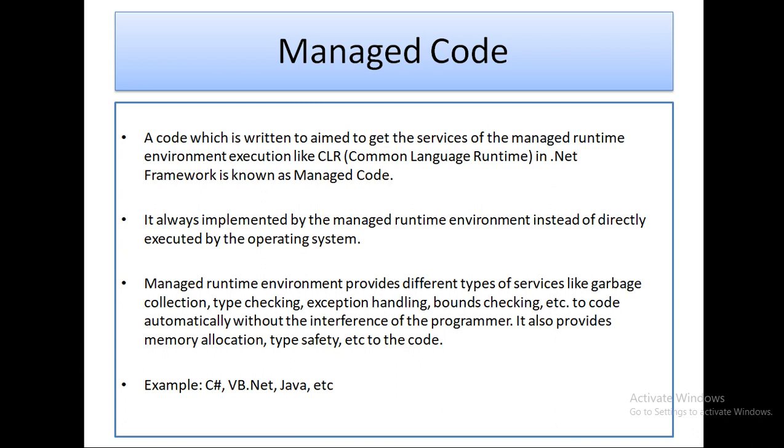C sharp is managed code, Visual Basic .NET is managed code, and Java is managed code. Why do we call these managed code? Because we can develop this code in a managed runtime environment, and after developing the application, we can also run it very smoothly on any managed runtime environment without worrying about multiple things. What those things are, we'll discuss in the next slide.